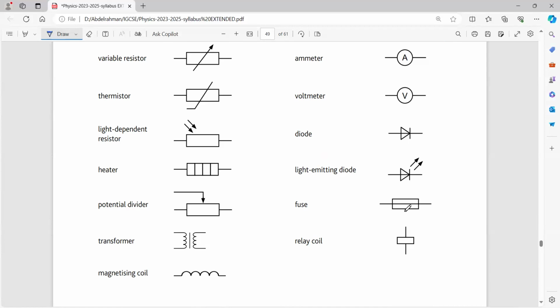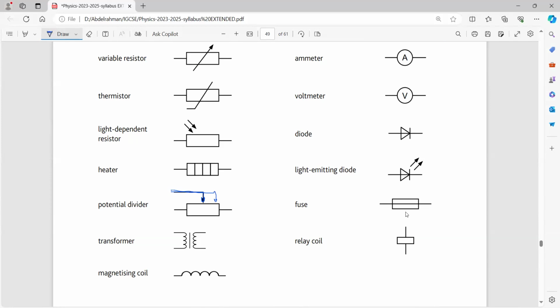The thing is, when you increase the length of this sliding contact, this arrow is called a sliding contact. We know as we increase the length of the wire, the resistance increases.